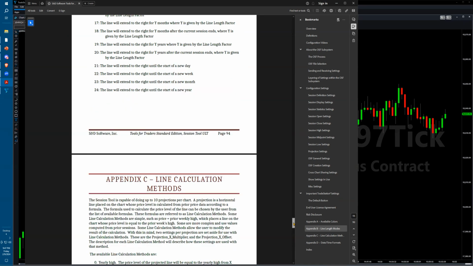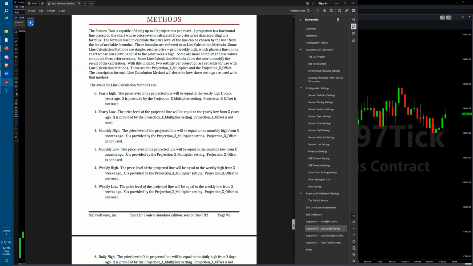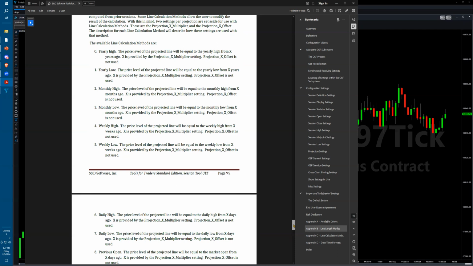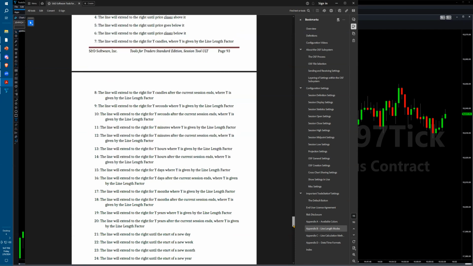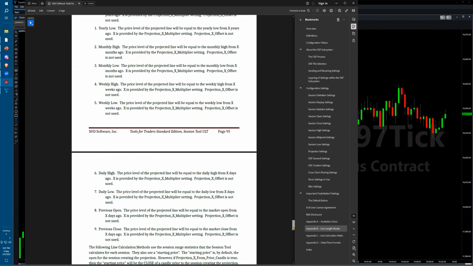Now, when we go to Appendix C, again, these are pre-canned formulas. Some of these are really simple. Like you can have them display the monthly low. Now, to actually do that, you have to have enough data loaded for TradeStation to determine that.